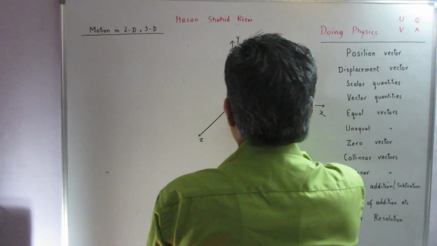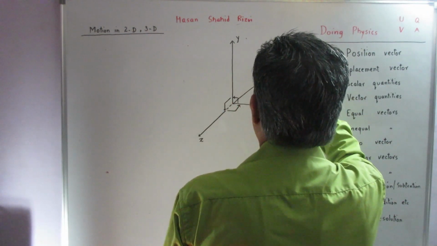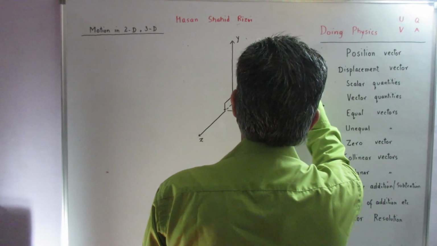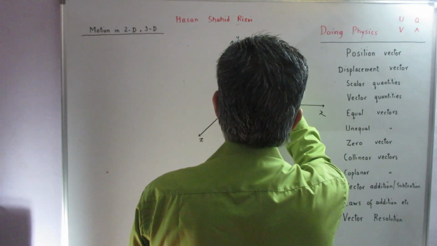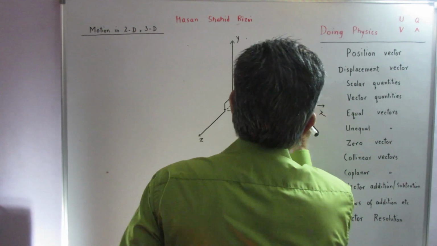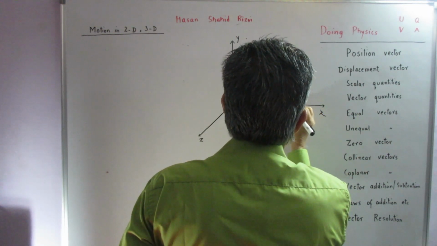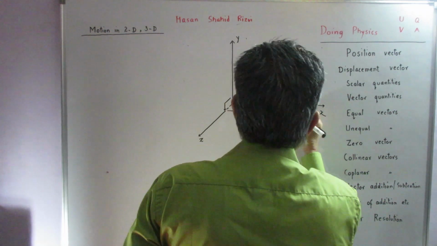So here I take this position vector which I call r, and here I have the component vector rx.